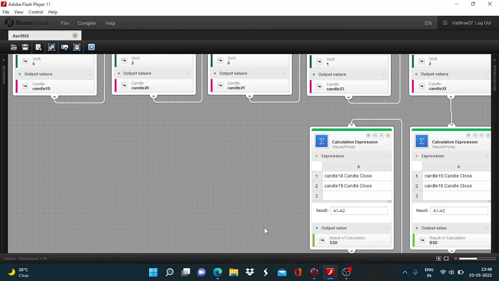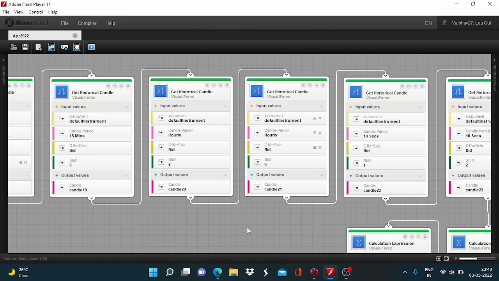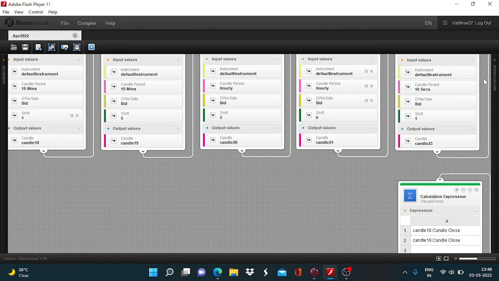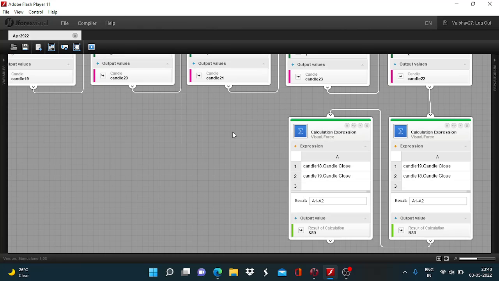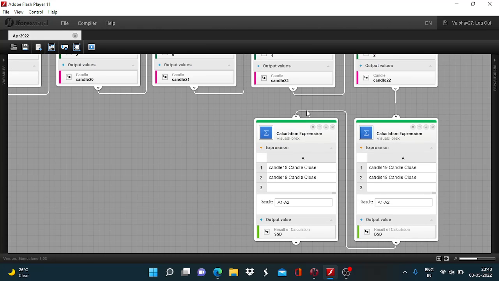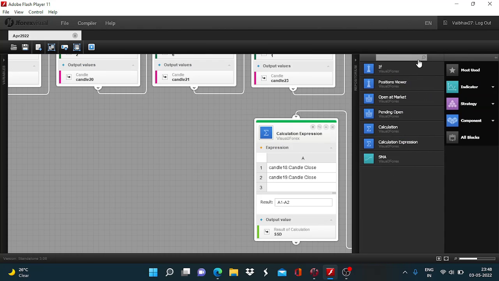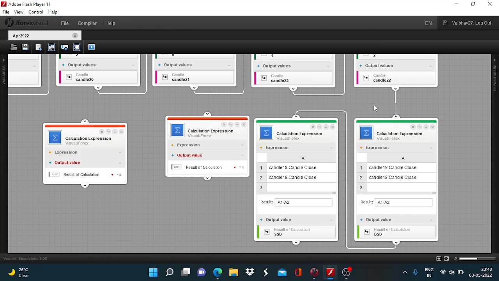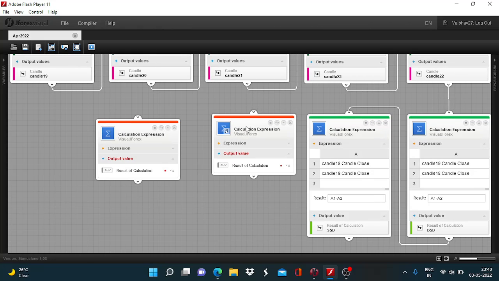Now we will compare it to the actual difference between the closing values of the candle 20 and candle 21. So we have to find out the actual difference between these two and then compare it to this closing value. I will multiply this output value with the desired variable of 8 to make sure that we are able to do the comparison right.